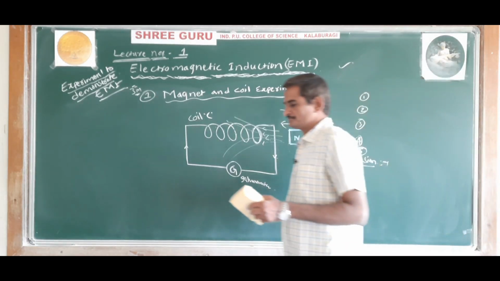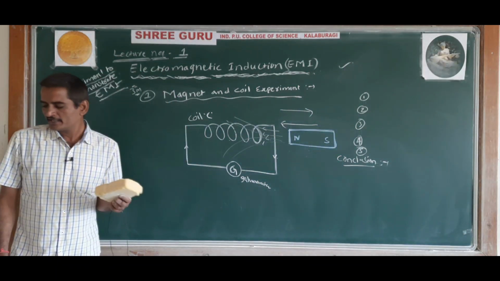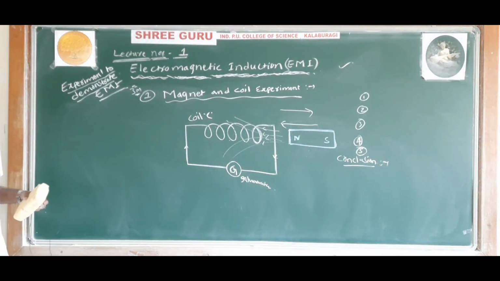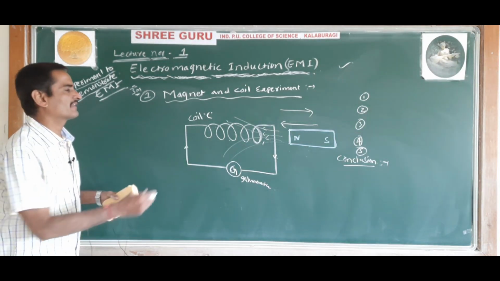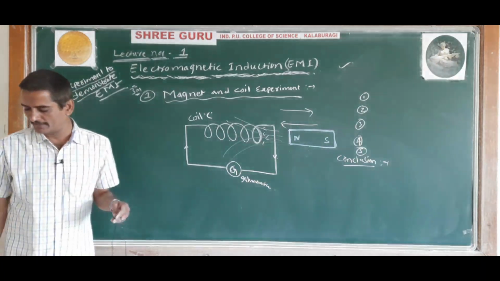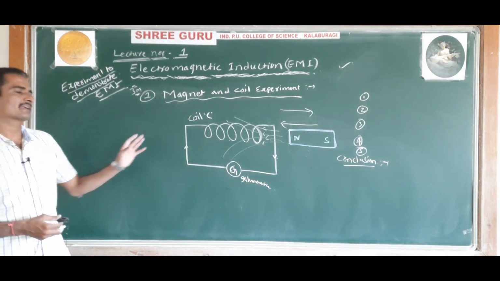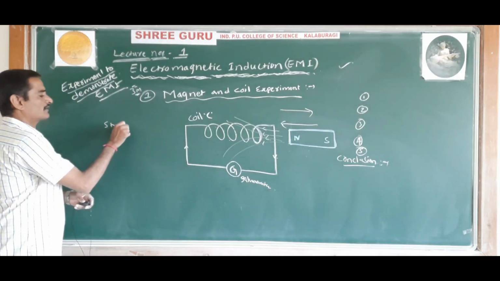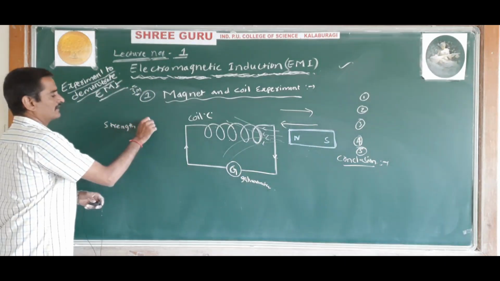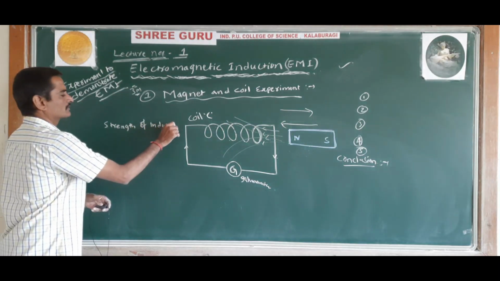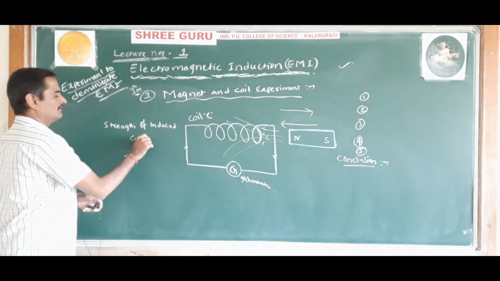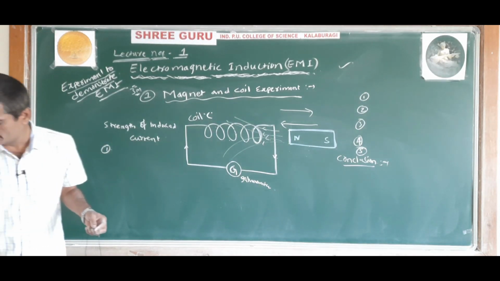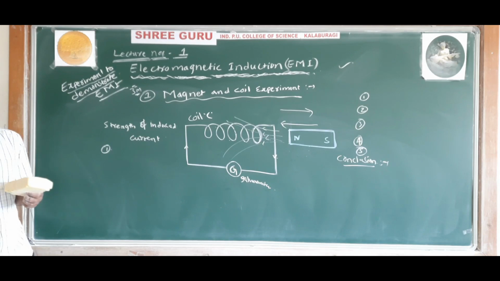Understood? Okay. Now the strength of the induced current, that is how much induced current is produced, depends upon the relative speed between the magnet and coil.